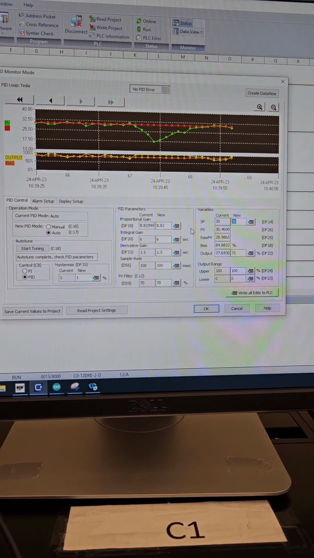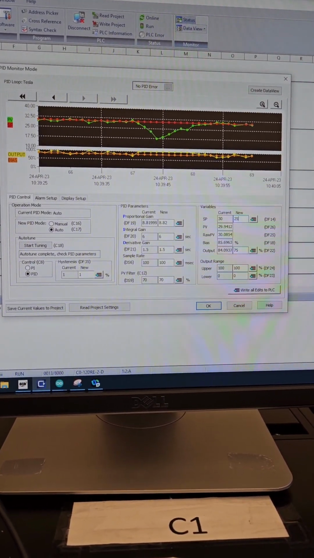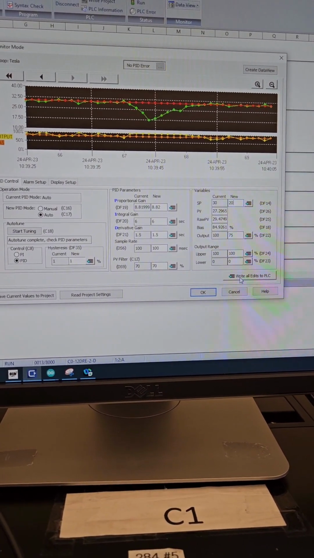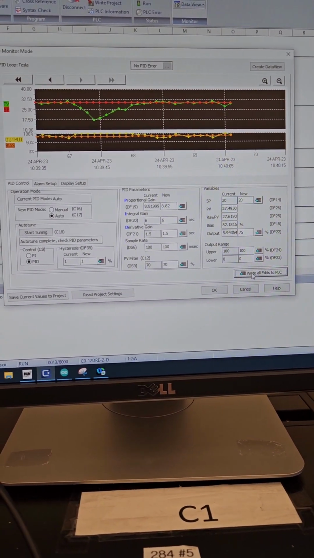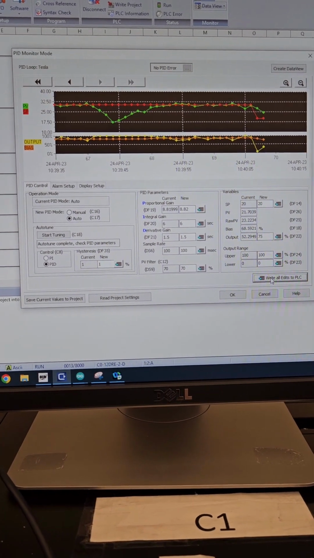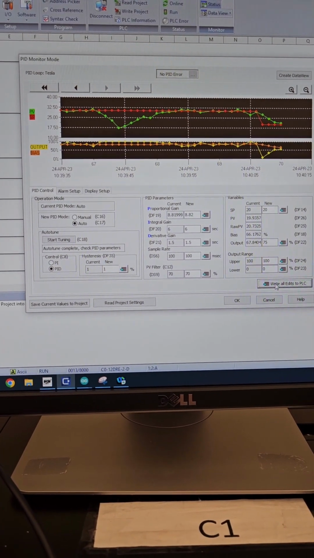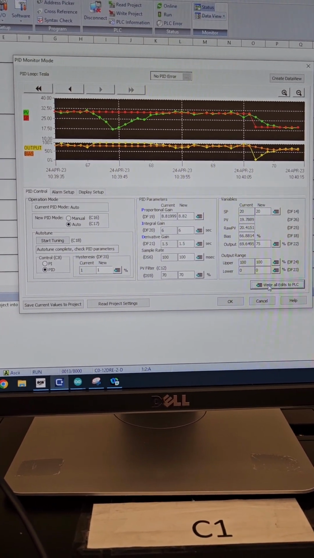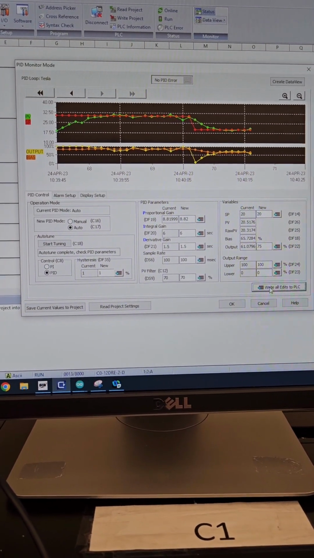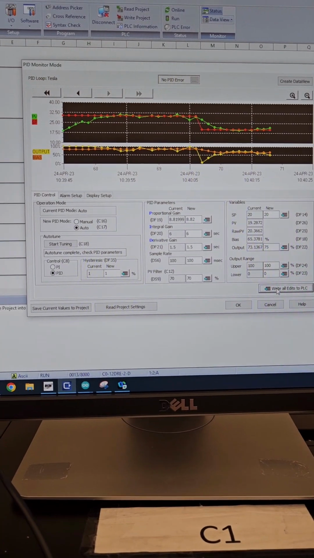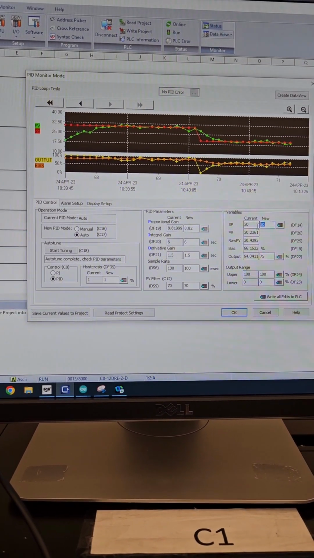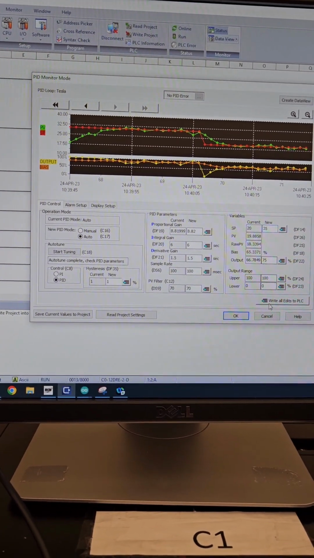And now we are going to change the set point and watch it adjust to the set point. And we're going to take it to a different set point.